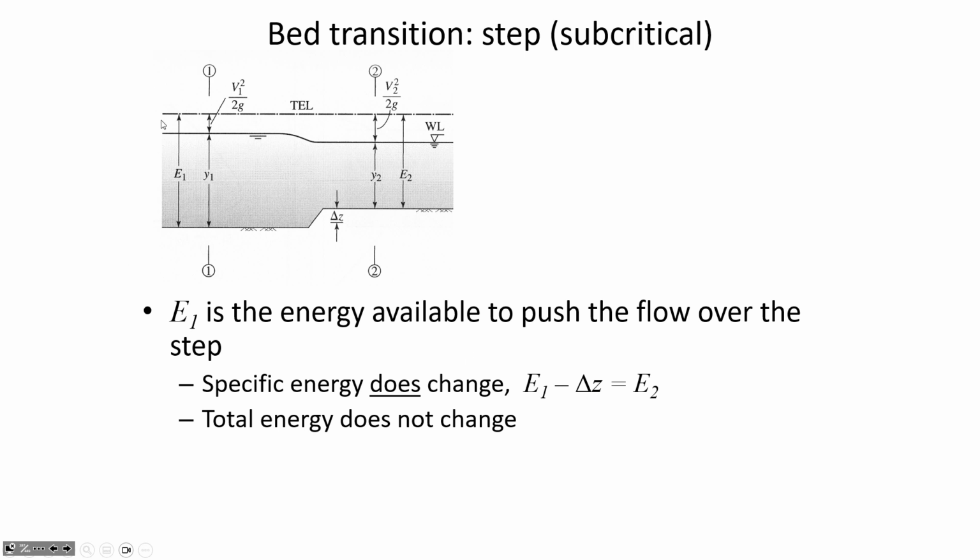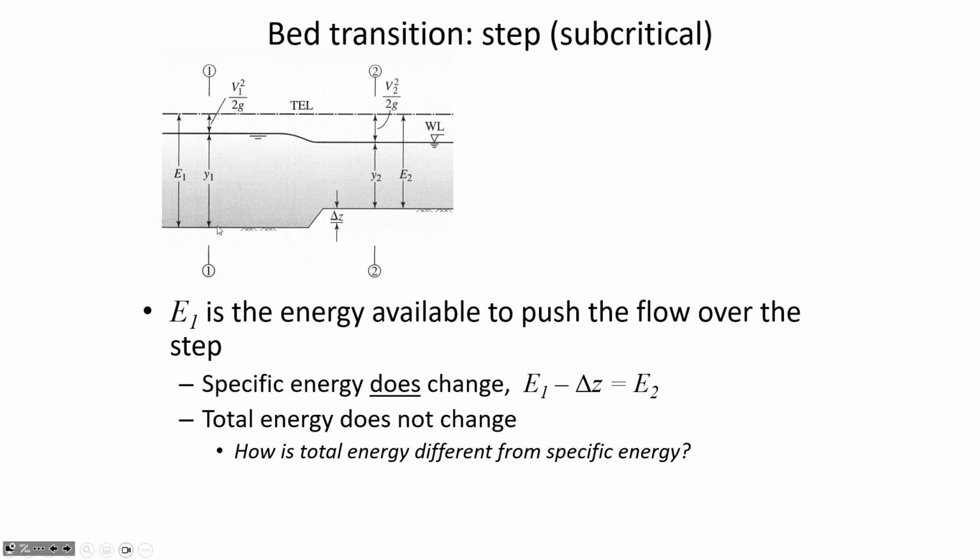Look at this dashed line above the water surface, the total energy line, because the total energy takes into account the depth, the velocity head, and some elevation above a constant datum that is unchanging. Total energy is different from specific energy because specific energy is always measured using the bottom of the channel as the starting point.